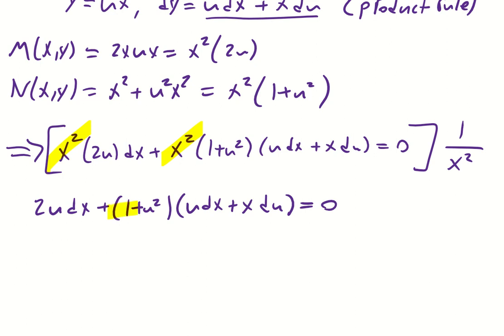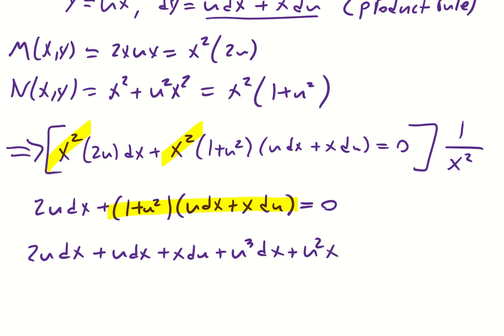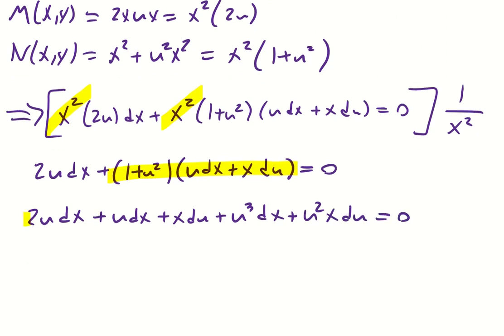And now let's expand this expression. We get 2u dx plus u dx plus x du plus u cubed dx plus u squared x du is equal to 0. Here's a dx, here's a dx, here's a dx.